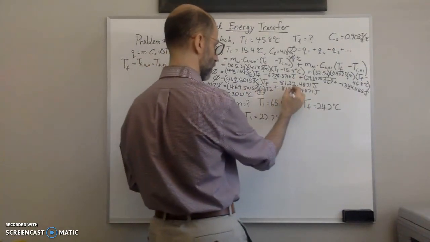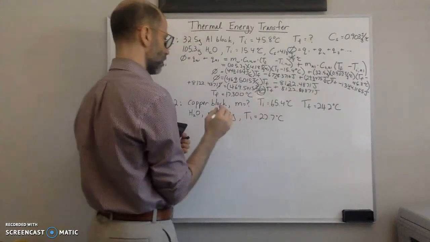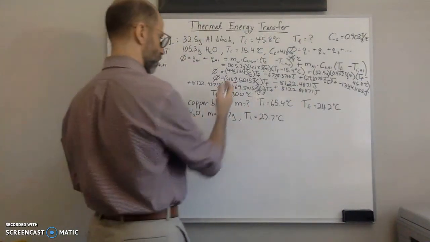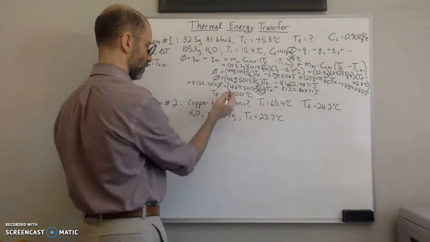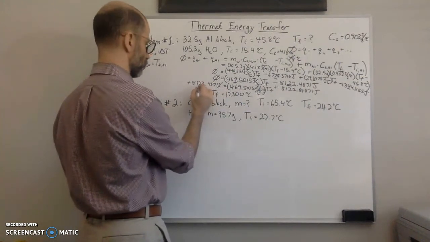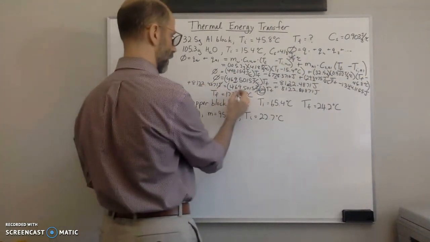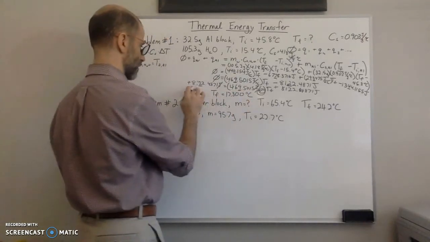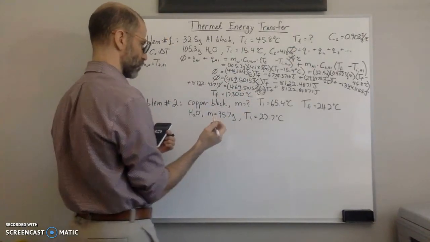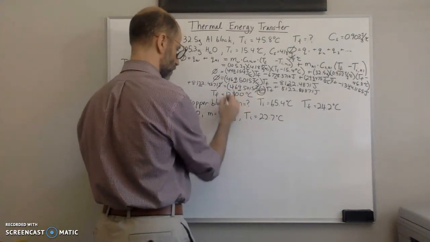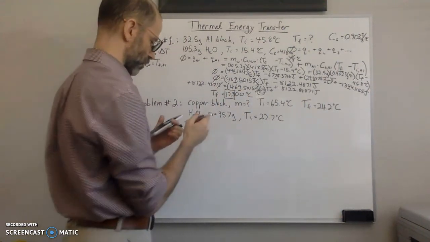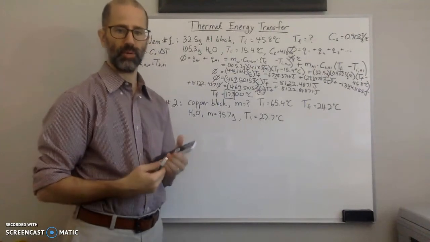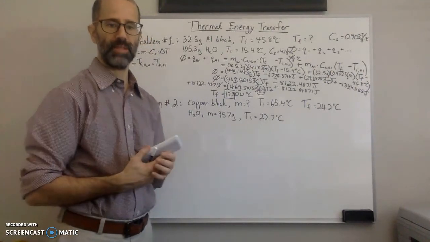Now, when we're dividing, we're paying attention to sig figs. This has 3 sig figs, this has 3, so the magic number is 3. So 17.3 degrees Celsius is what I would have as an answer.